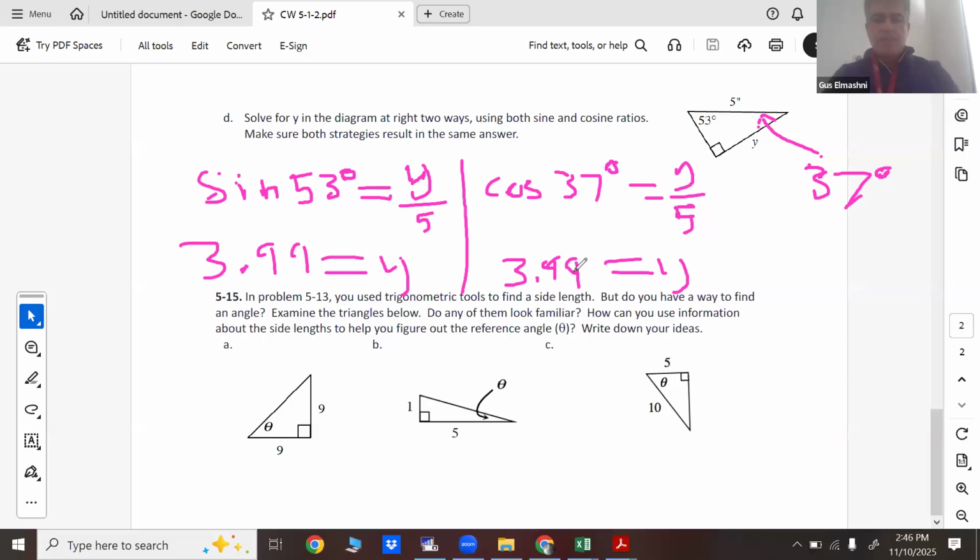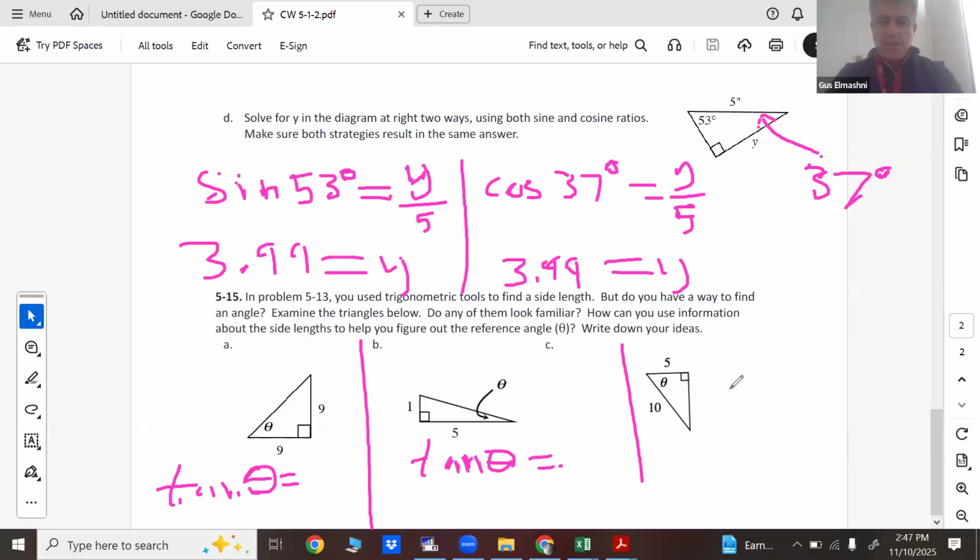So what we're going to say here is cosine or tangent theta again. Remember that little O with the line through is called theta. Which one are you going to use for C?